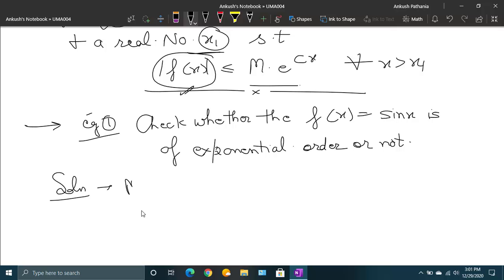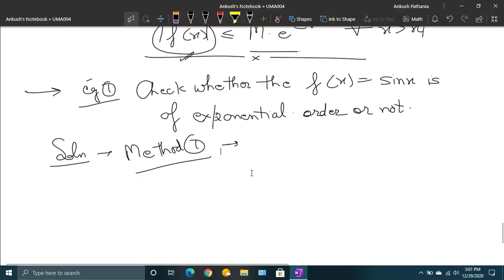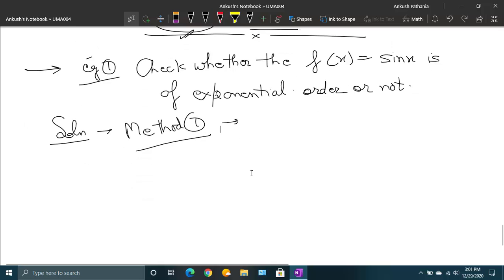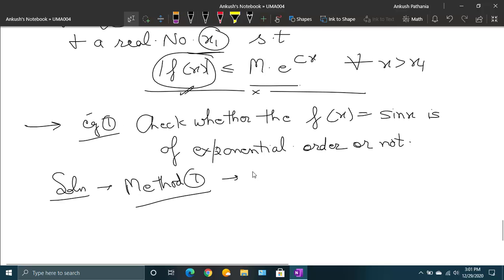We will be using method 1 here. There are two methods to check whether a function is of exponential order or not. In method 1, we directly use the definition. Here is the definition, so we use it as such where it is applicable. For example, here you have f(x) equals sin x.